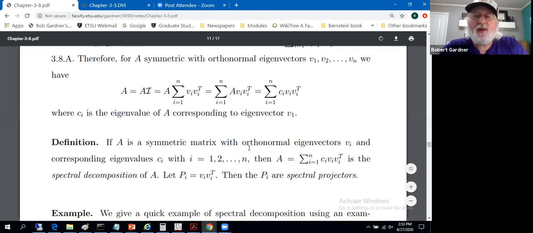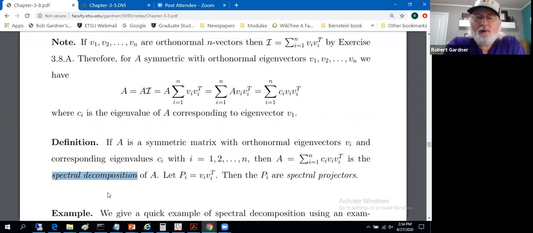If A is a symmetric matrix with orthonormal eigenvectors V sub I, 1 to n, and corresponding eigenvalues C sub I, 1 to n, then this representation of A as this particular type of sum is called a spectral decomposition of A. We did factorizations before, but those were writing matrices as particular kinds of products.